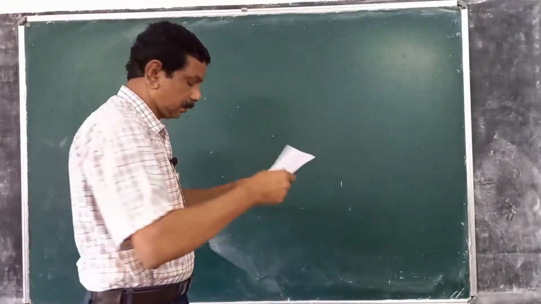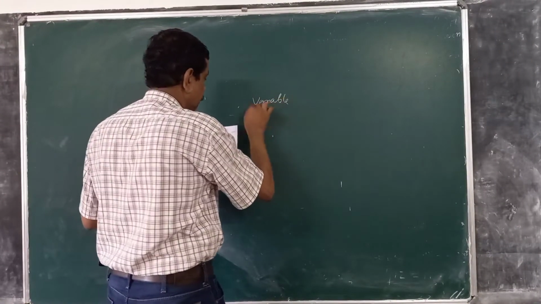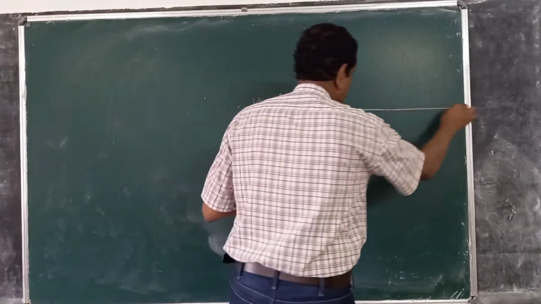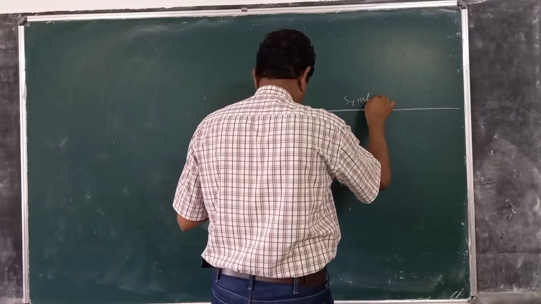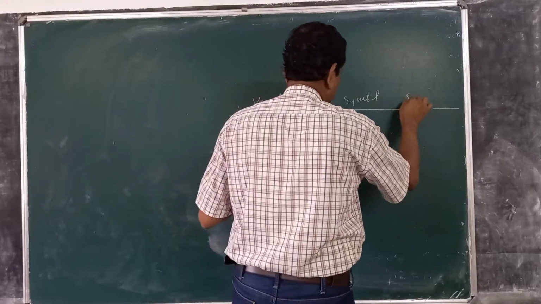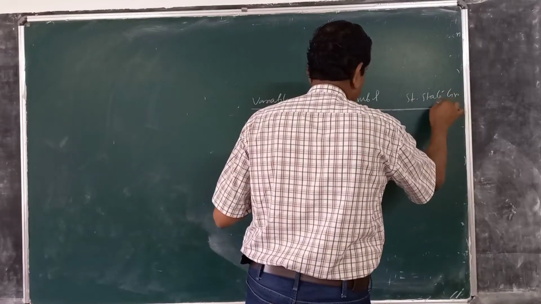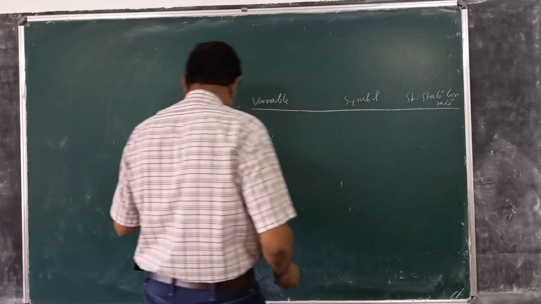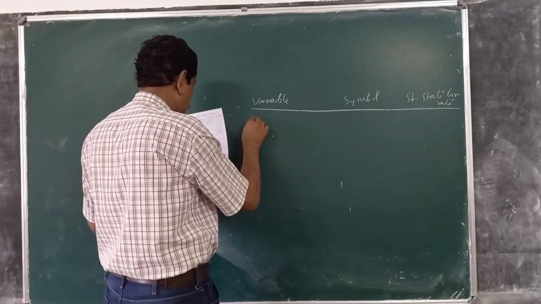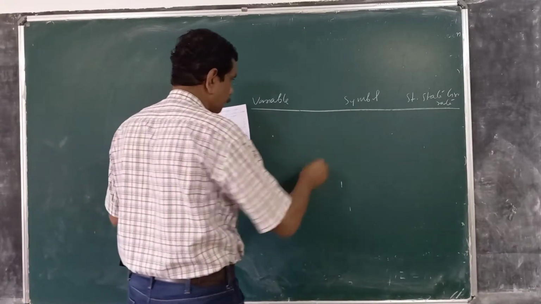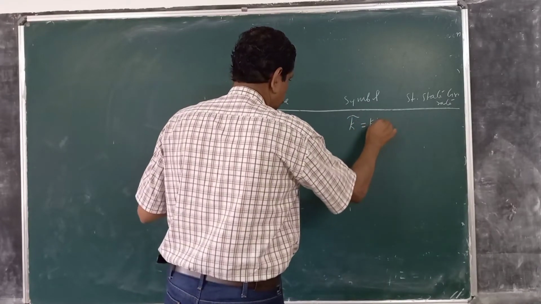The columns are the variable, the symbol, and the steady state growth rate. The first variable is capital per effective worker, K tilde is equal to K by AL.